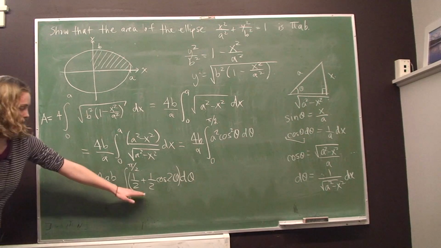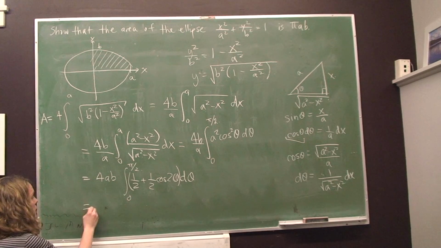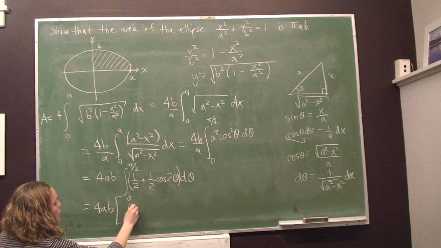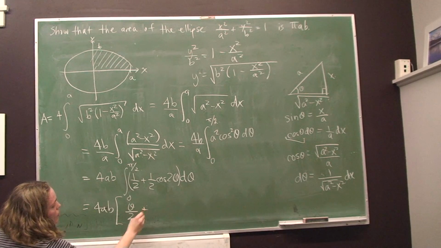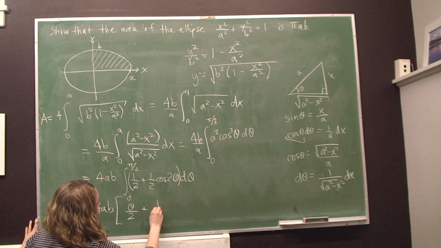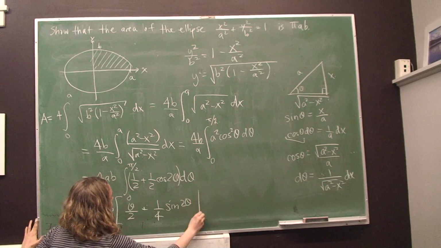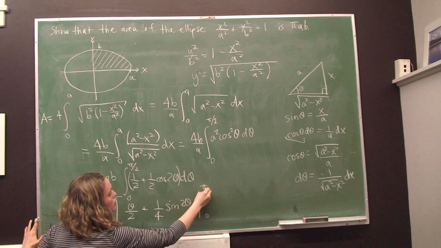And now this is something that we know how to integrate. So we get 4 times a times b, theta over 2 plus 1/4 sine 2 theta, all evaluated from 0 to pi over 2.